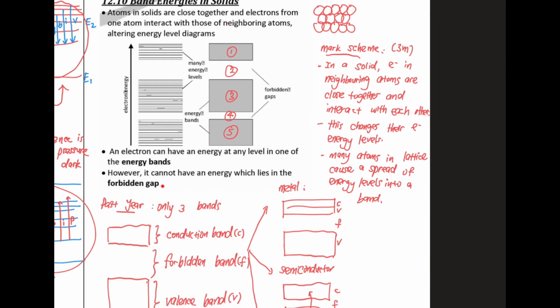So there are no energy levels in the forbidden gap. So they either stay at this, or they take more energy until it's enough to reach here, or they can even take more energy so that it is enough to reach here. So if they have energy in between and the electron comes to the forbidden gap, basically, they cannot stay here. They need to release their energy and come down.